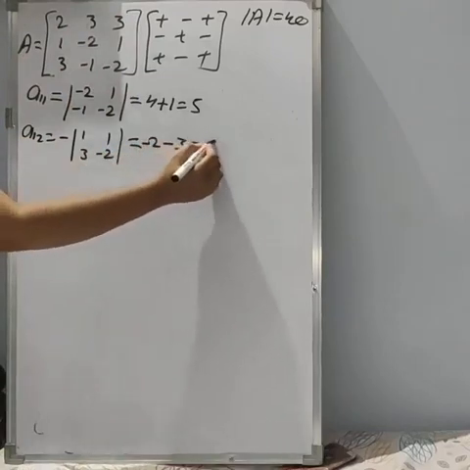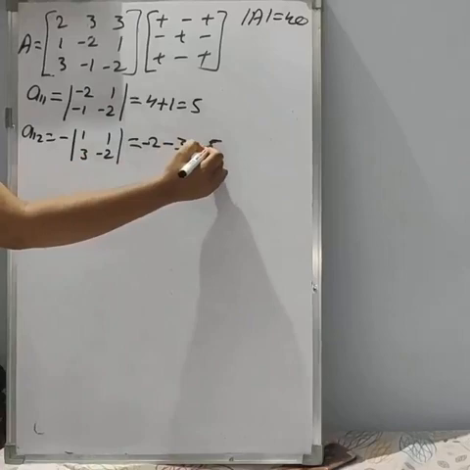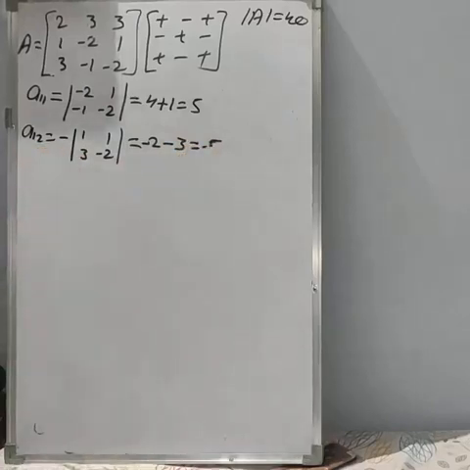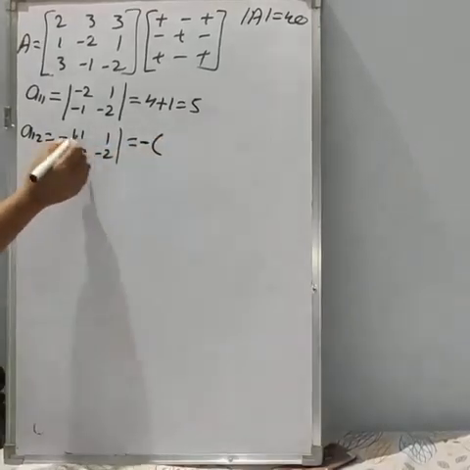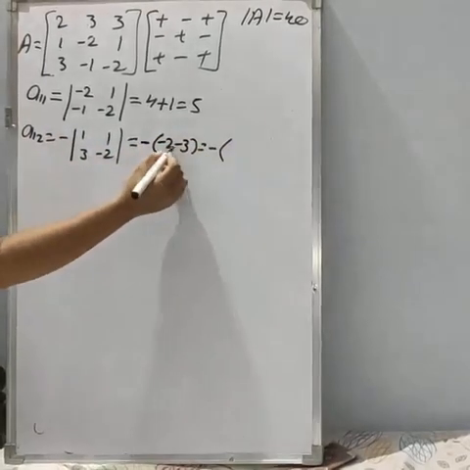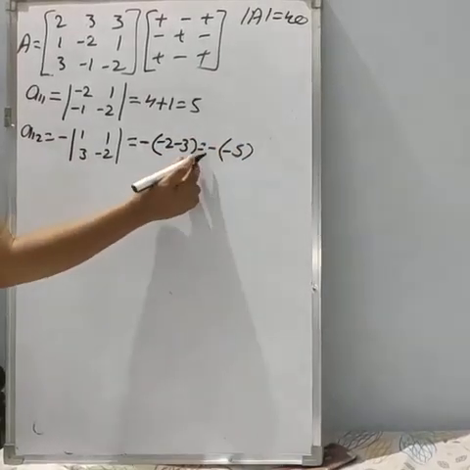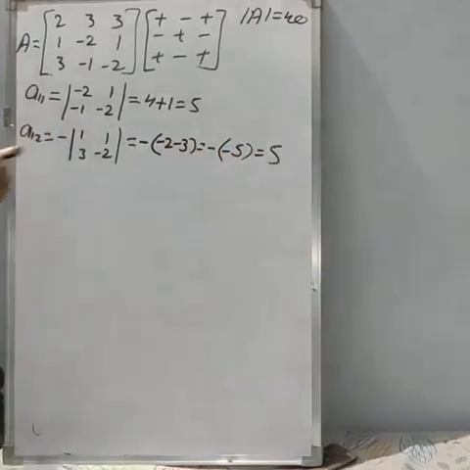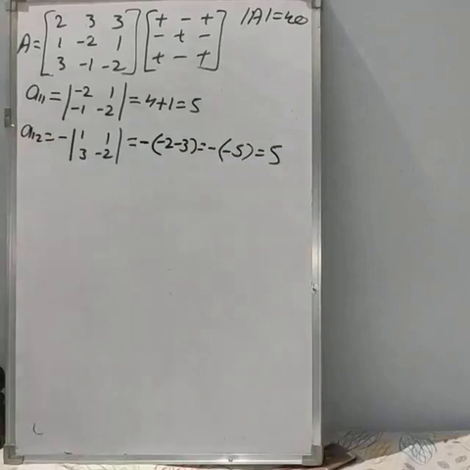So minus 2 minus 3 is minus 5. Sorry, here we have again a minus sign, so first write down this minus sign, then minus 2 minus 3, which is minus 5. But this minus into this minus is plus 5. So A12 is plus 5.